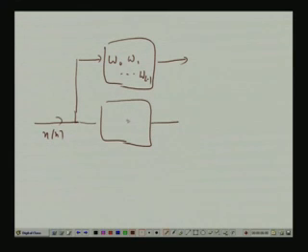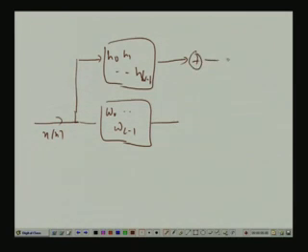You put an adaptive filter here, using some other symbol, H0, H1, up to HL minus 1, and there is a measurement noise Vn, which together gives Dn. This measurement noise is uncorrelated with Xn and therefore uncorrelated with this output Yn.